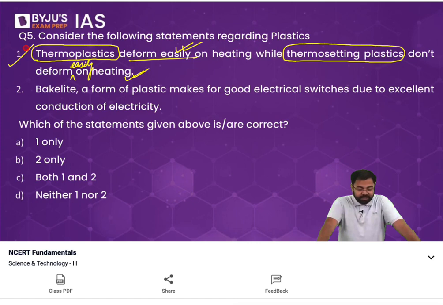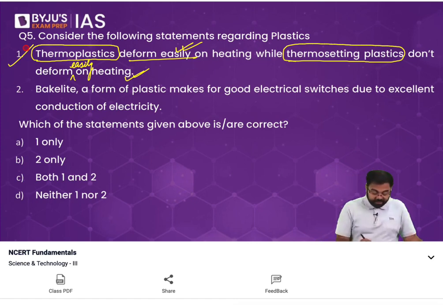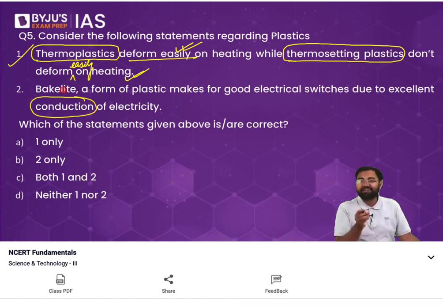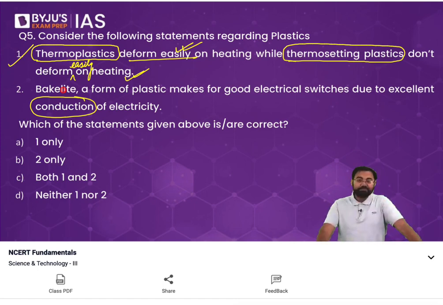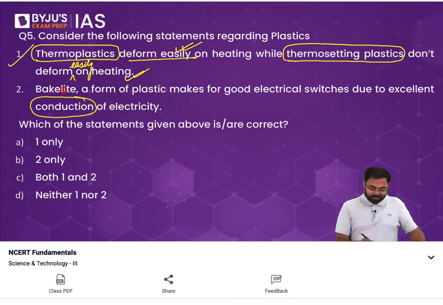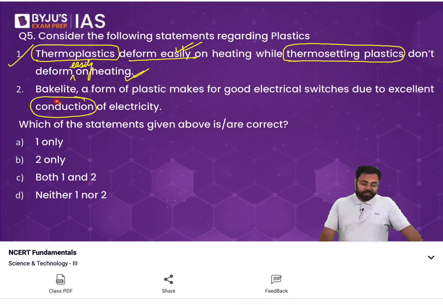Second one is bakelite, a form of a plastic, makes for good electrical switches due to excellent conduction of electricity. If something is conducting electricity, can it be used in the switches? Only if you are making the switch for your enemy, because then because of conduction they would get the electric shock. So that's why conduction, no, wrong. And what is bakelite?